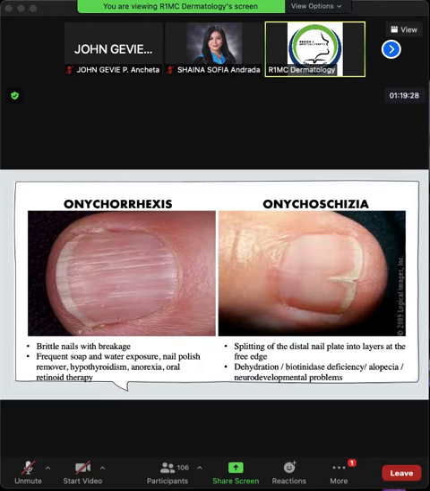Another is your onychoschizia, which is described as splitting of the distal nail plate into layers at the free edge, which is very common among women with dehydration, alopecia, and neurodevelopmental problems.